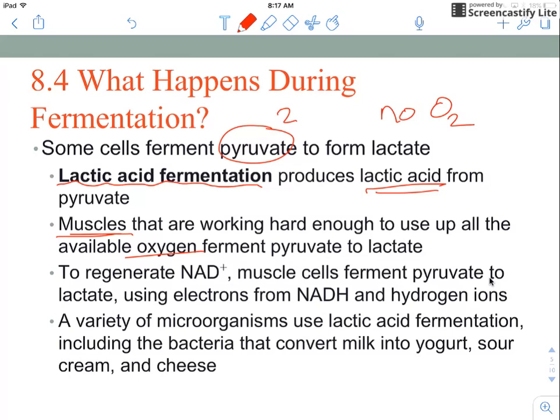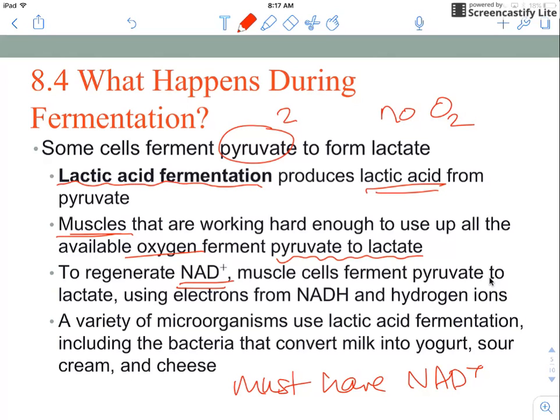So in the absence of oxygen, they will ferment pyruvate into lactate. And this is, again, all to regenerate NAD+. We must have NAD+. And we're going to see a nice little equation in a minute.